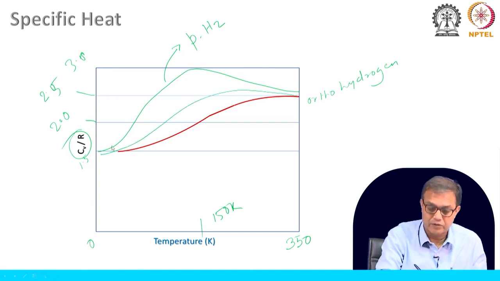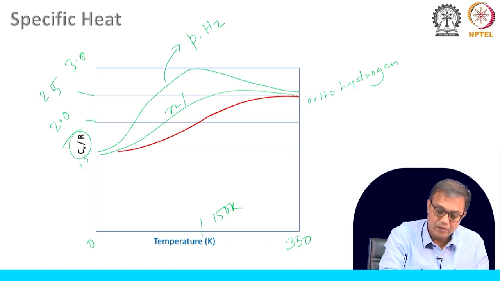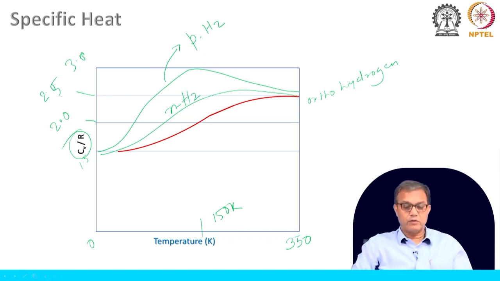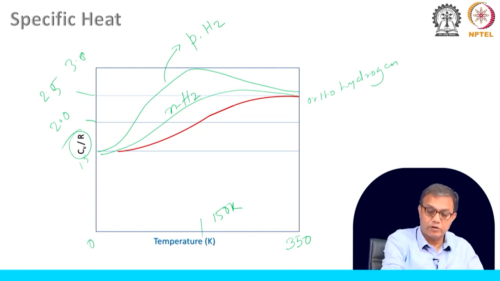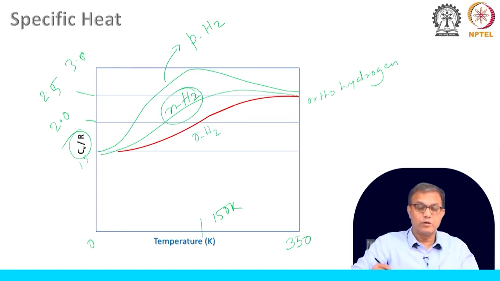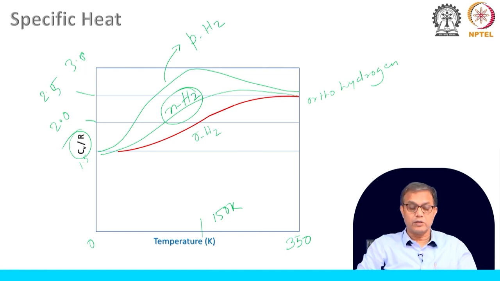With this CV being different, you need to know exactly whether you are dealing with parahydrogen, orthohydrogen, or normal hydrogen.